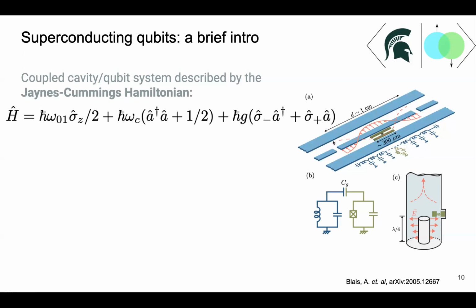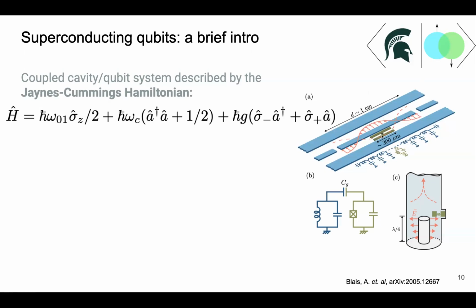What this actually looks like in practice, we have two pictures here. Figure A represents a 2D geometry, where everything's fabricated on one plane. The harmonic oscillator here is described by this coplanar resonator, and the corresponding electric field profile is given by the pink line.